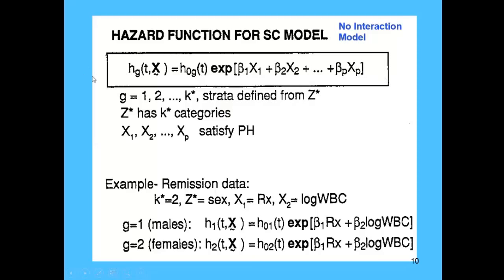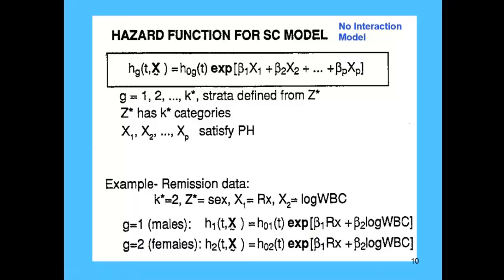Now, what's different about what you see written here from what you saw when I first showed you the Cox proportional hazards model? What's different is there's this subscript here, H sub g. G stands for whichever stratum you're talking about.